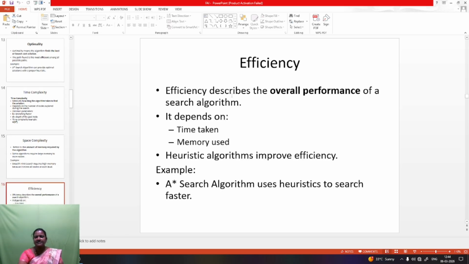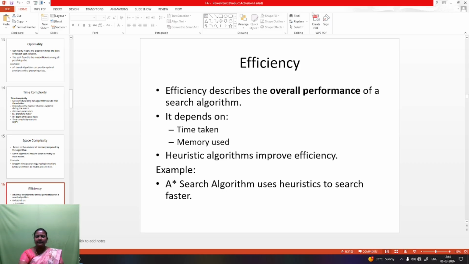Efficiency. Efficiency describes the overall performance of a search algorithm. Efficiency means performance. It depends on time taken and memory used. Heuristic algorithms improve efficiency. Example, A-star algorithm uses heuristics to search faster.